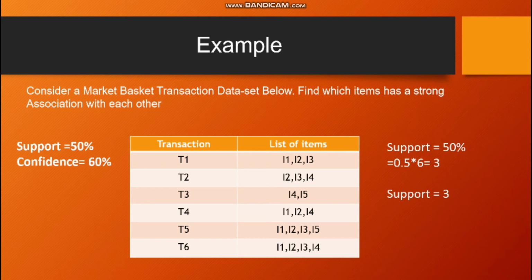If support is 50%, then we need to count the support in terms of count, not a percentage. To calculate the count we have a formula: 0.5 into 6, the total number of transactions. So here we got 3. Basically 3 is the minimum support we got from this data set.